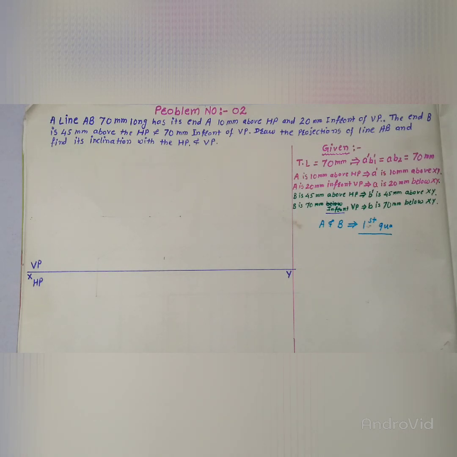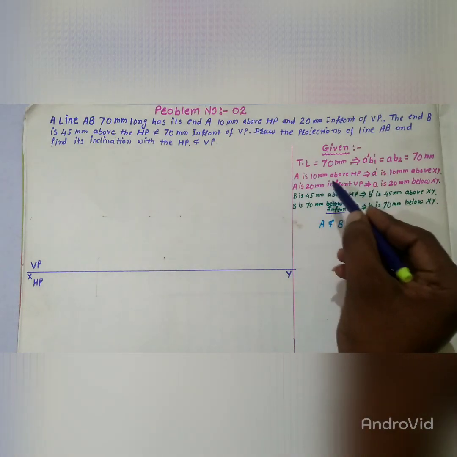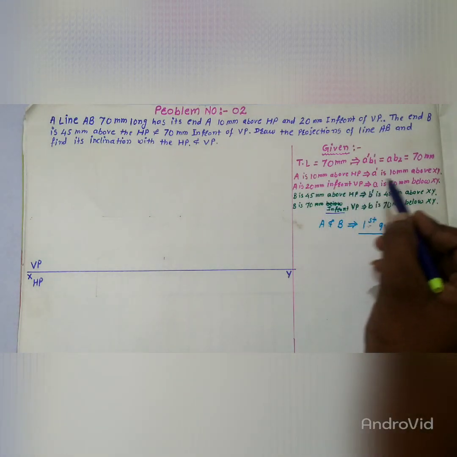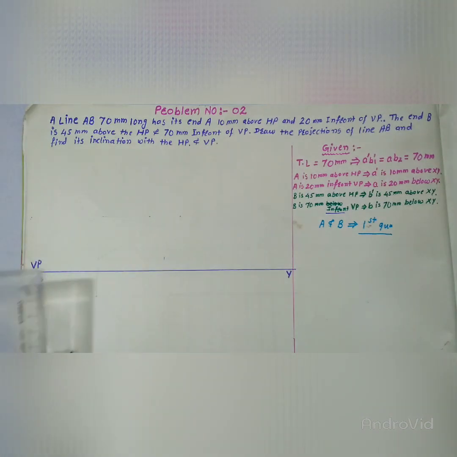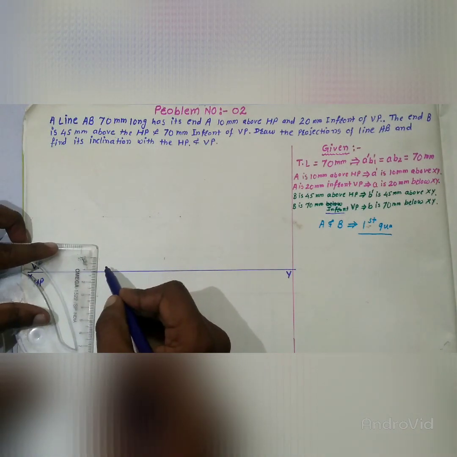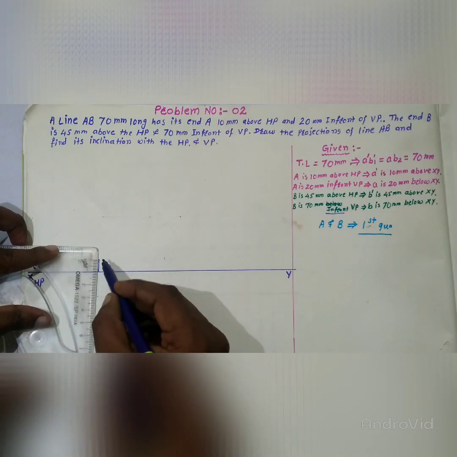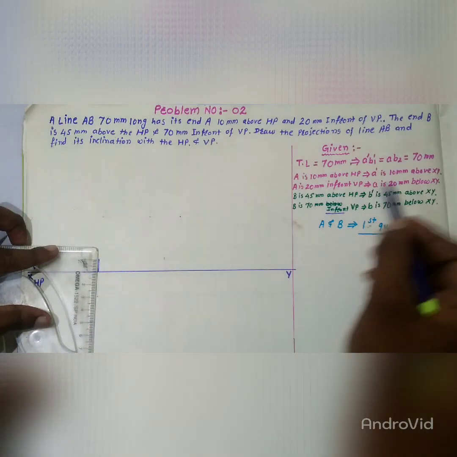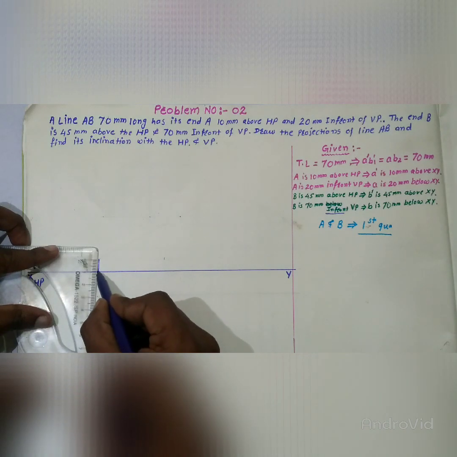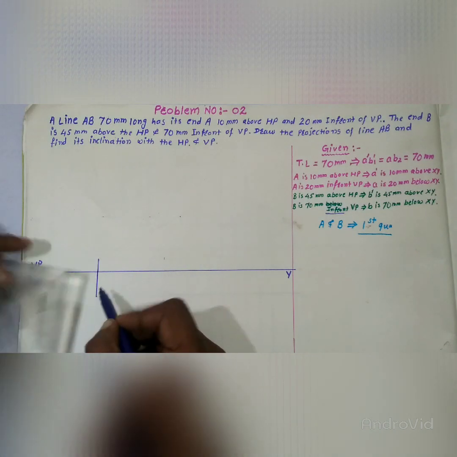Now we have to locate the distances 10 mm and 20 mm. I take a distance of 1 centimeter, or 10 mm, above the XY line, and 20 mm below the XY line.